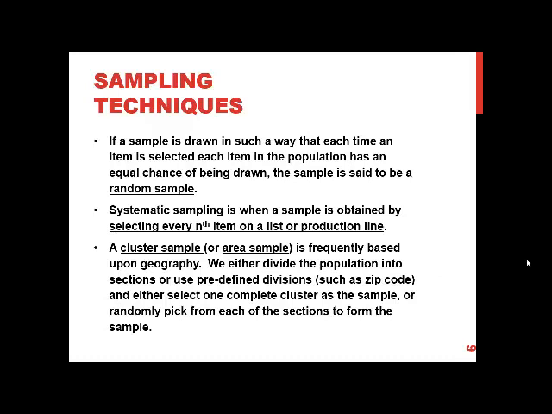We either divide the population into sections, or we use predefined divisions, such as zip code, and either select one complete cluster to be the sample, or we'll randomly pick from each of the sections to form the new sample.